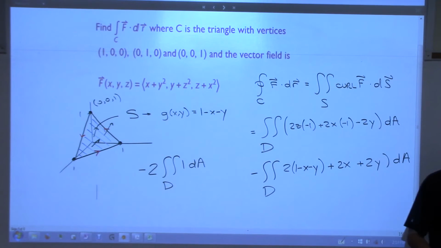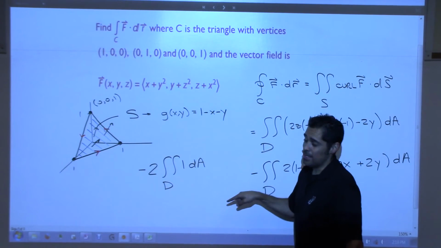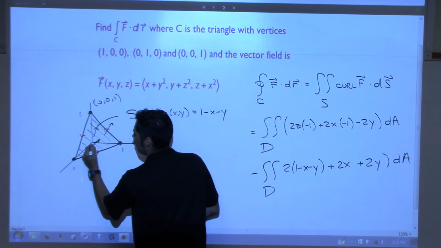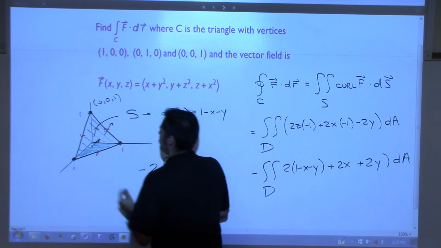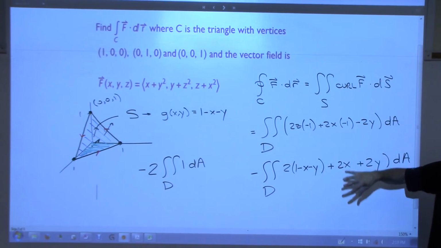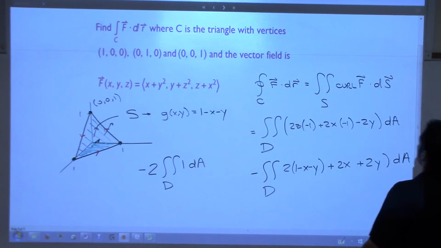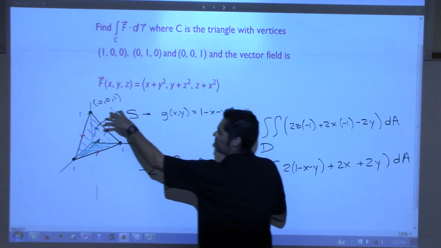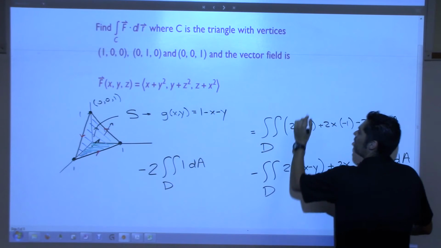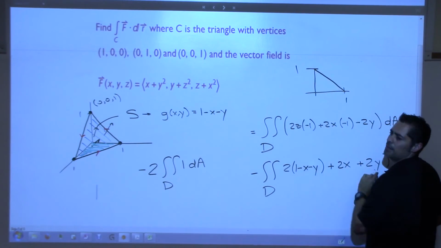And that is the area of D, which is the base of the tetrahedron, because D was going to be the restrictions on x and y. That would have been from looking at the ground and looking at the projection of this triangular plane down onto the xy plane, and it would have looked like this: 1, 1, and it would have come across like that.